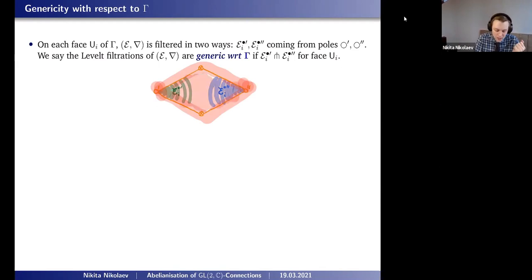compare them. And so what I want to require from my connections is that when I take this green filtration and this blue filtration and compare them, those two filtrations are transverse.